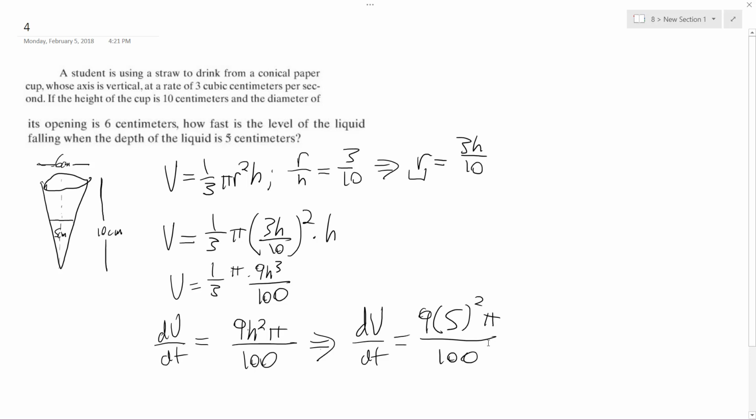I just realized I made a small mistake. dt should be here, and we want to know dh dt, and we wanted to know what the liquid was. And I already knew what this was. This was 3 centimeters cubed.